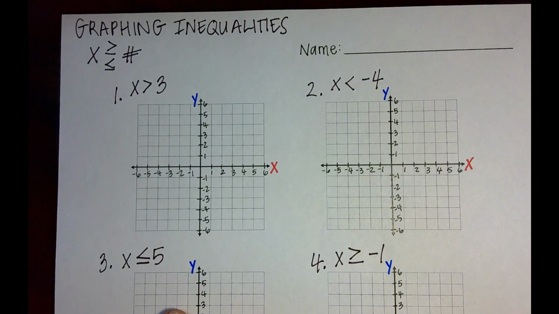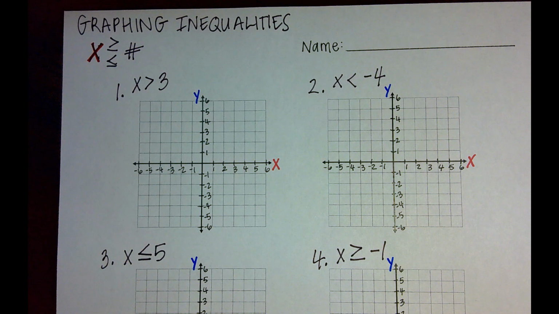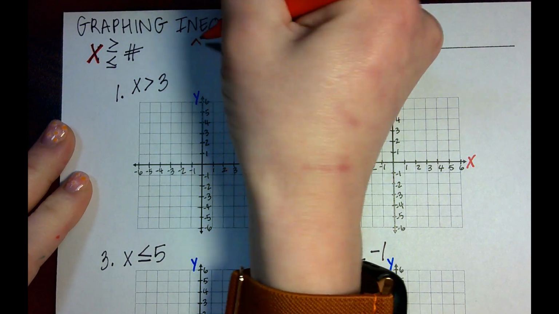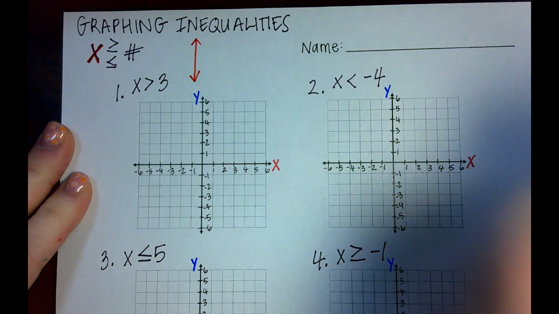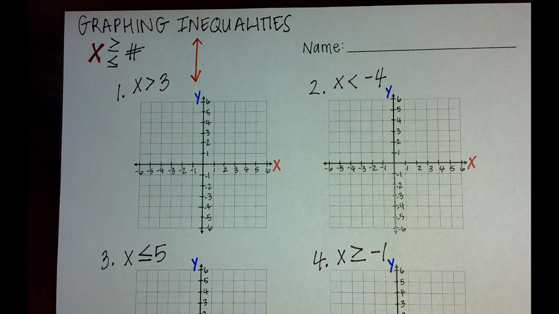And we'll make a note that since we're working with x, our graph is always going to be a line going straight up and down, and we're always either going to be shading to the left or to the right.